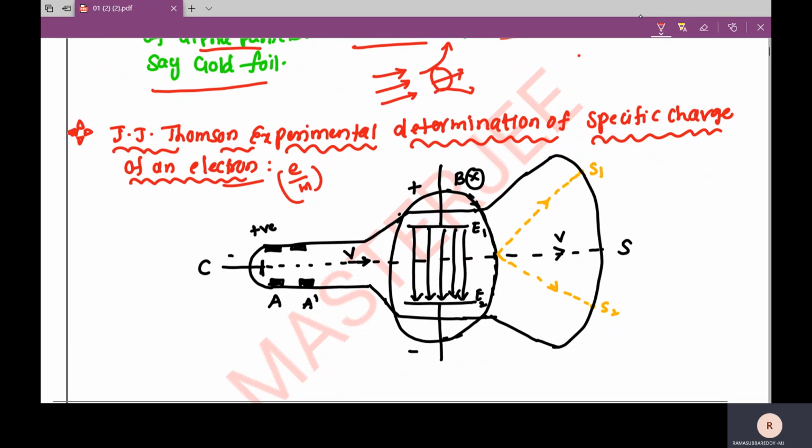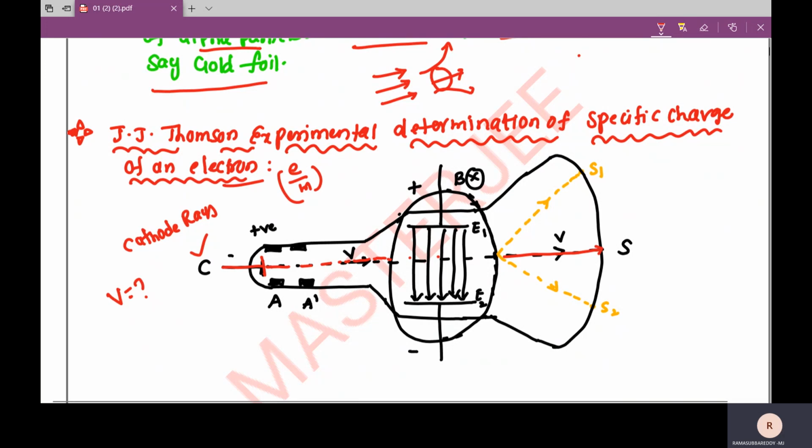The rays coming out from the cathode we call cathode rays. When these cathode rays pass through an electric field and a perpendicular magnetic field, they are undeflected and move straight to the point S. In that case, what is the velocity? That is our main task to find.